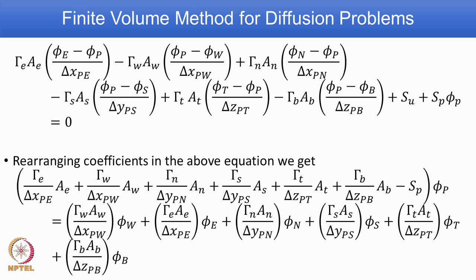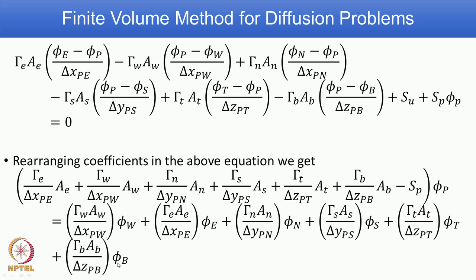So, we retain it on the left side, all other terms are brought to the right side. So, we get phi_W, phi_E as we had seen in 1D, additional terms north and south as we had seen in 2D. Now, two additional terms phi_T and phi_B for 3D.